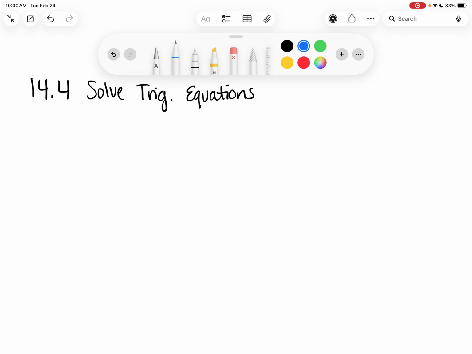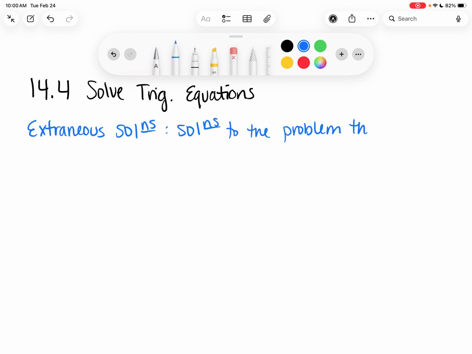However, in this stuff, we have extraneous solutions. Oh, I love this word. Which are solutions to the problem that are not actually true, or like don't make a true statement.